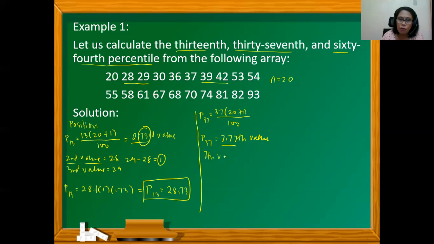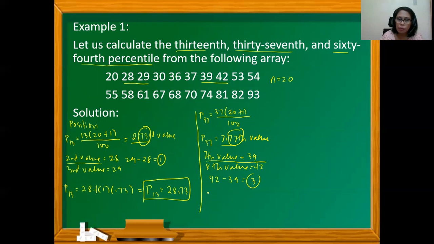We get the difference, and we multiply the difference by the decimal portion and add that to the lower boundary.